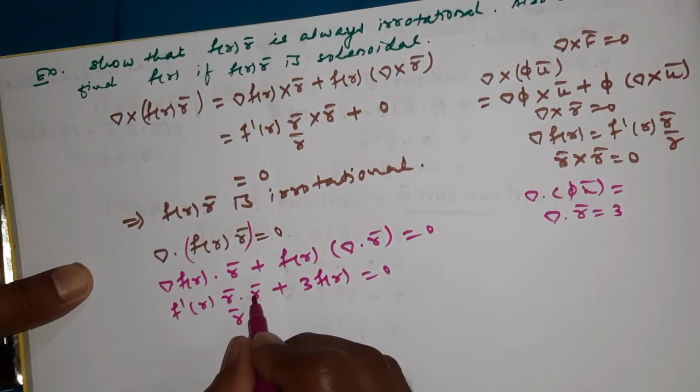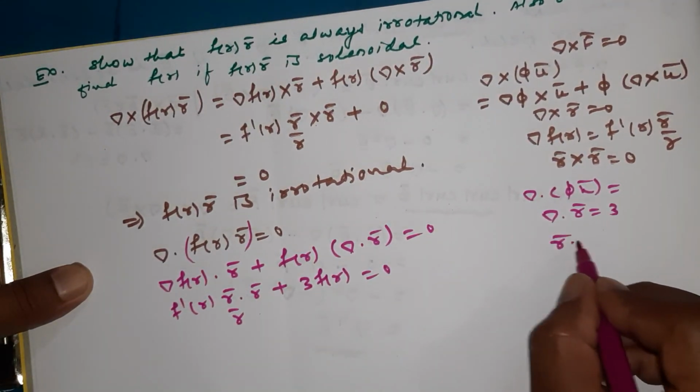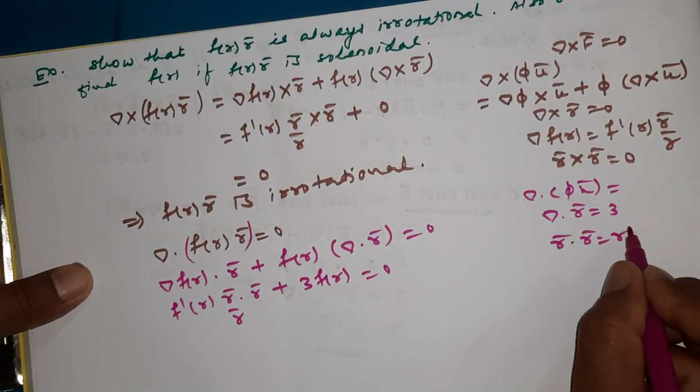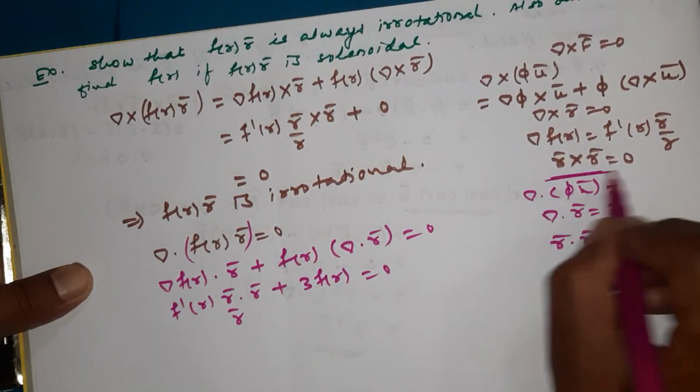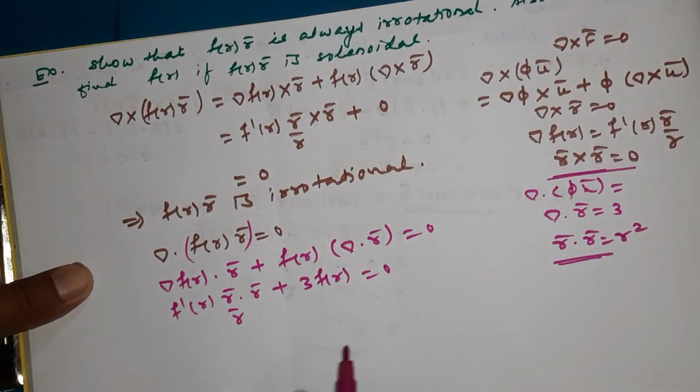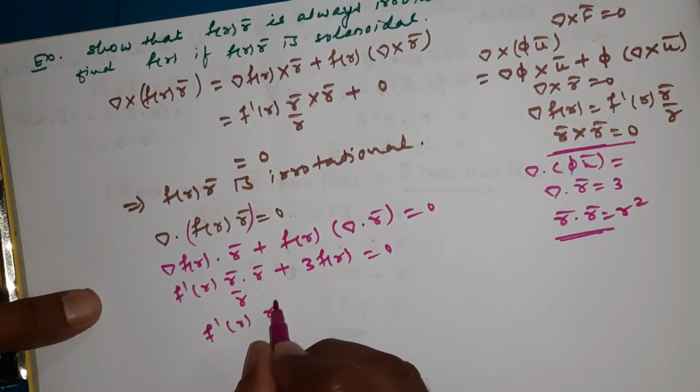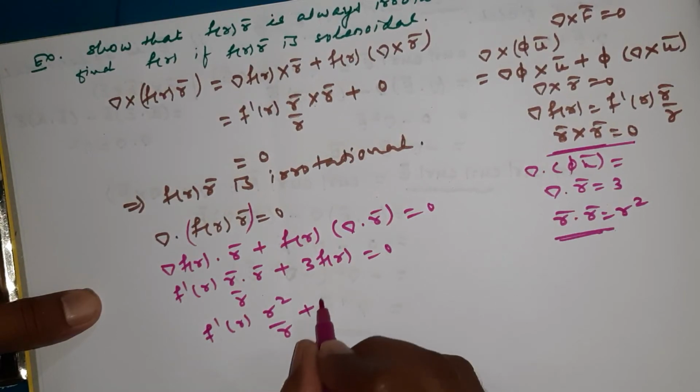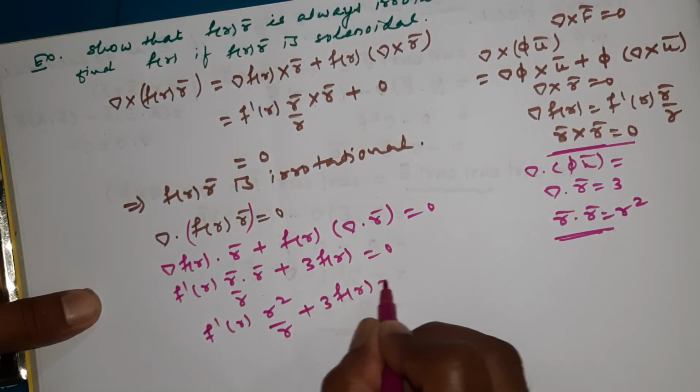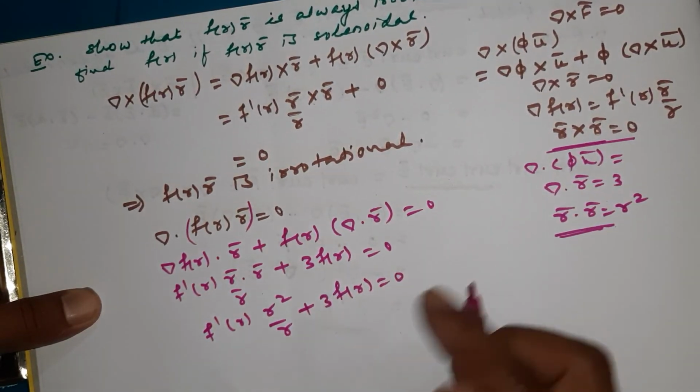Now r bar dot r bar is r square. Clear this concept here. r bar cross r bar is 0 and r bar dot r bar is r square. So here f dash of r into r square upon r plus 3 f of r is equal to 0. Okay.